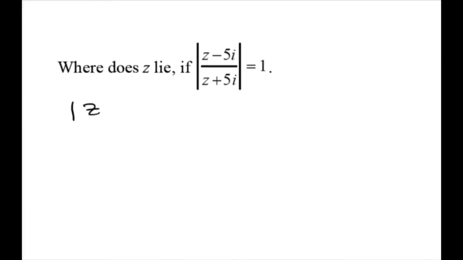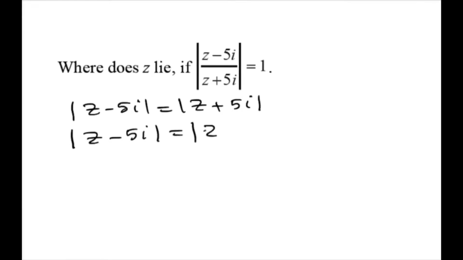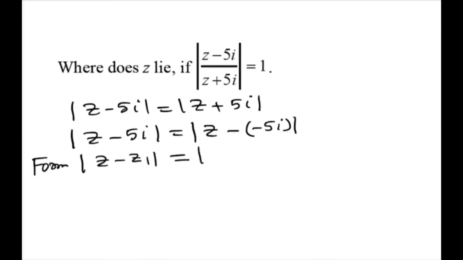We can write this as modulus of z minus 5i equal to modulus of z plus 5i, which is of the form modulus of z minus z1 equal to modulus of z minus z2, which always represents a perpendicular bisector of the line segment joining the points representing the complex numbers z1 and z2.